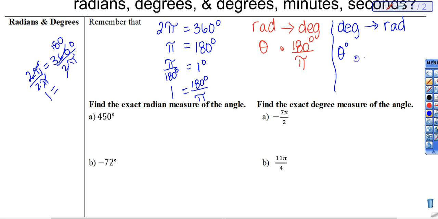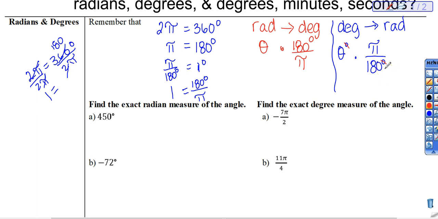I want to cancel out that degree symbol. So I'll make sure that my 180 degrees is in the denominator, because I would like to be able to cross simplify and cancel out the unit degrees. And that'll convert it from degrees to radians.